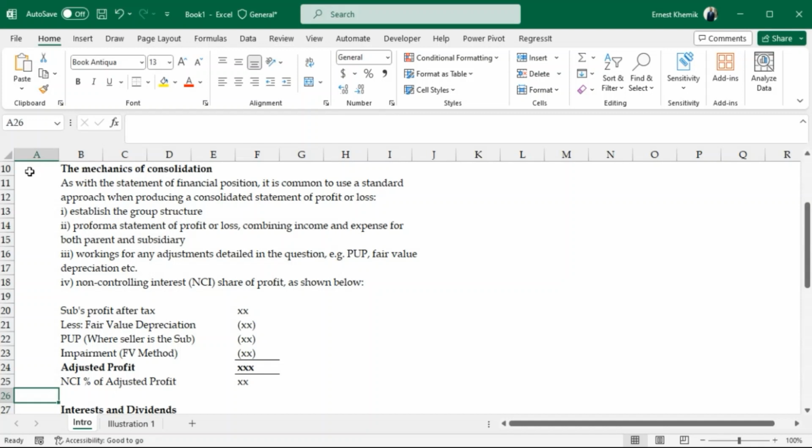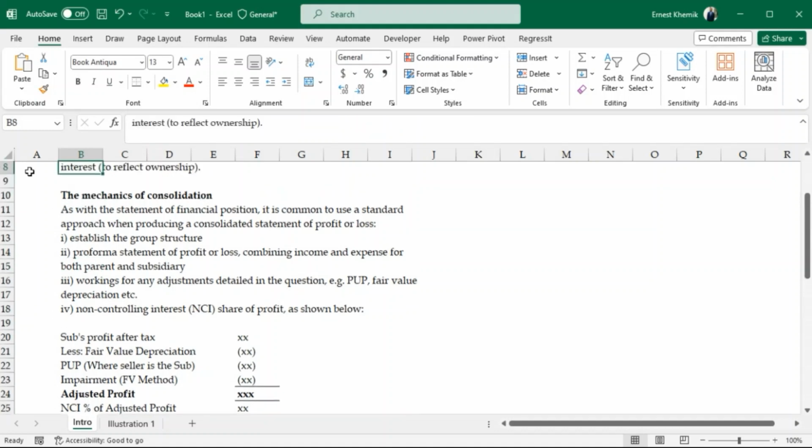And then after that, we will get an adjusted profit for the subsidiary, and then we are going to apply the NCI percentage to the adjusted profit to get the NCI share of the subsidiary's profit for the year.